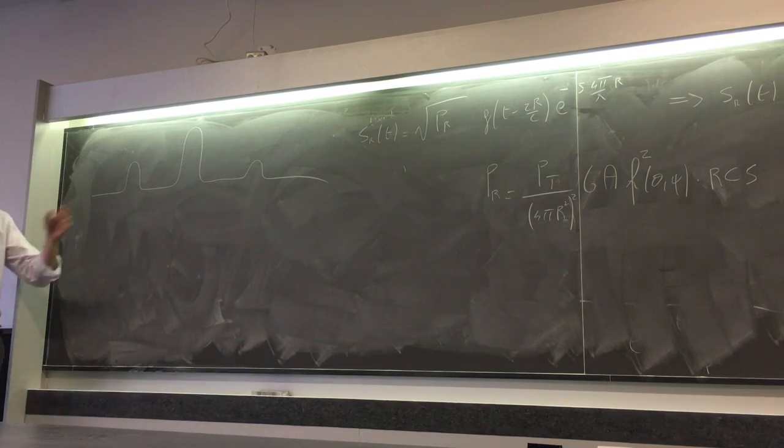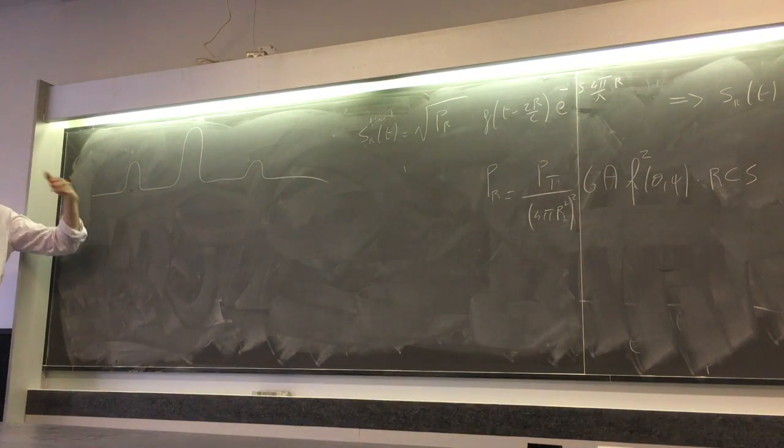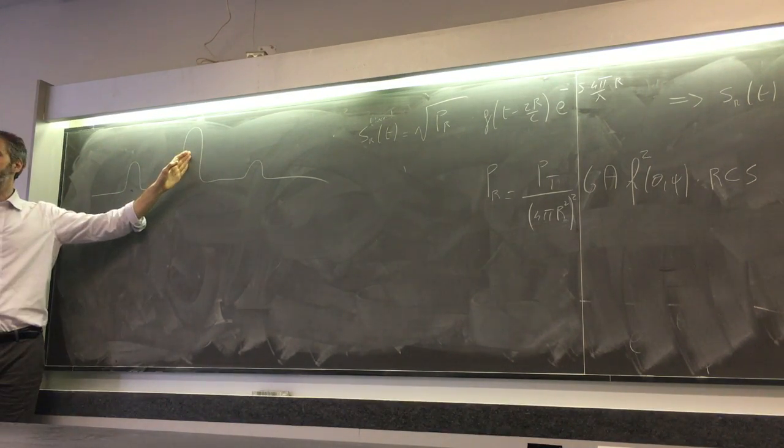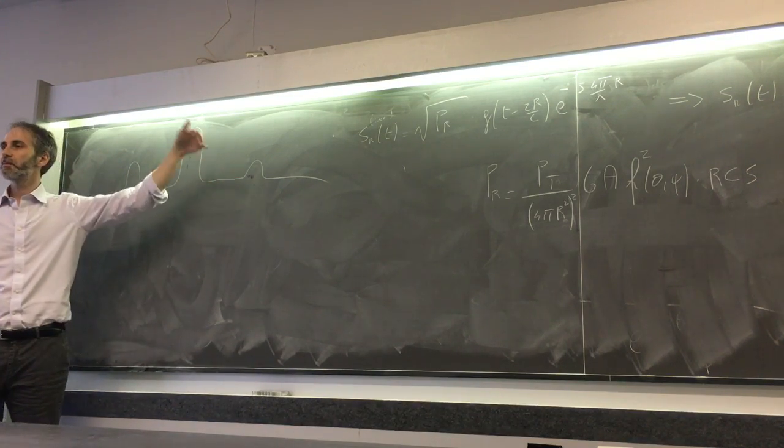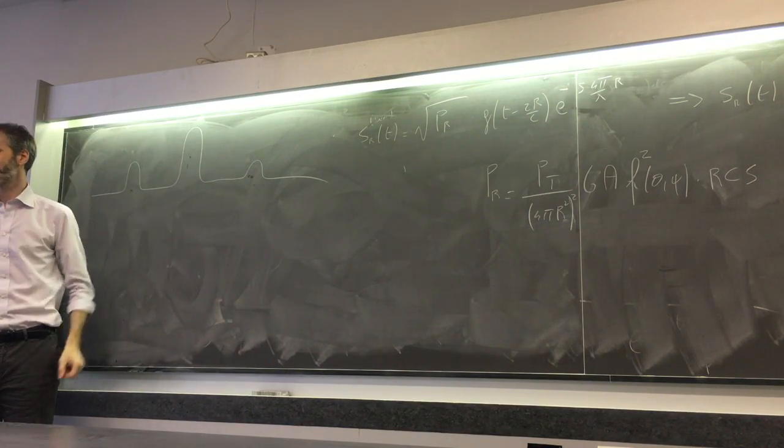So I don't know, the first peak is a motorcycle, the second peak is bigger, so it is a truck, and the third peak is a bicycle, whatever you like.